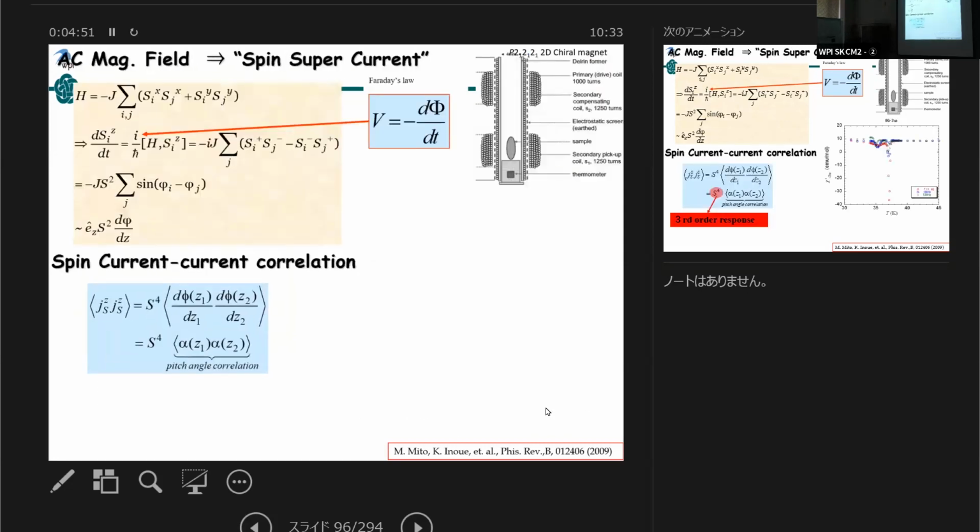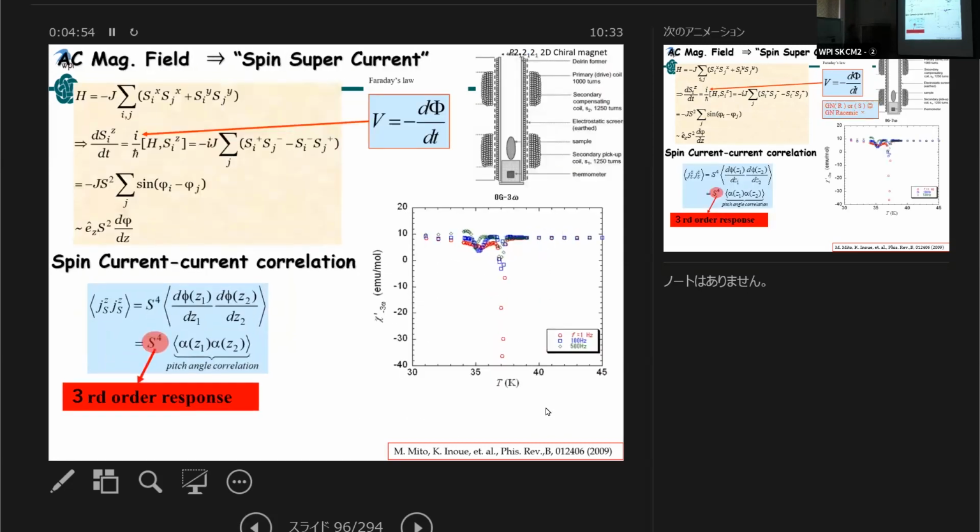But anyway, this is possible to understand by using the spin current of the system. This is the spin current generated by the motion of the Goldstone mode of the helical spin structure. Finally, we get S to the power 4, and then we generate the third order magnetic response.